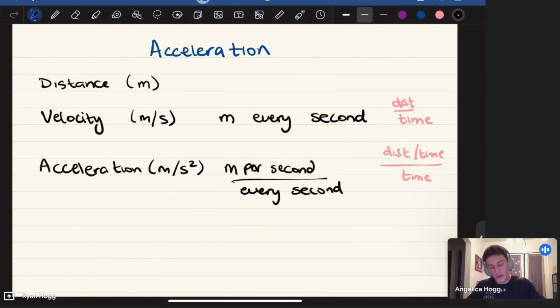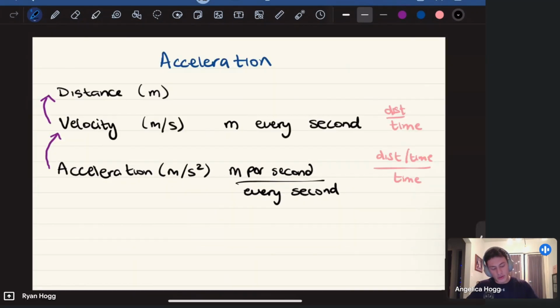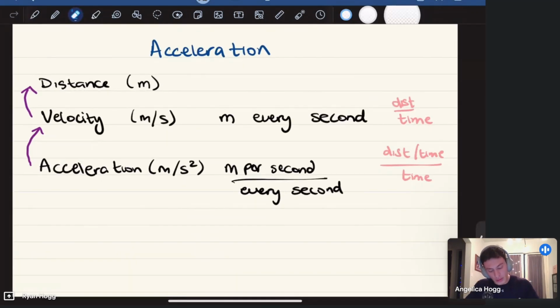But it's important to note that as you get further down the line, velocity is really describing how your distance is changing. And acceleration is describing how your velocity is changing. So I'm going to do a little example, and that should help out with explaining what's changing with the table. I'm going to compare also the formulas.